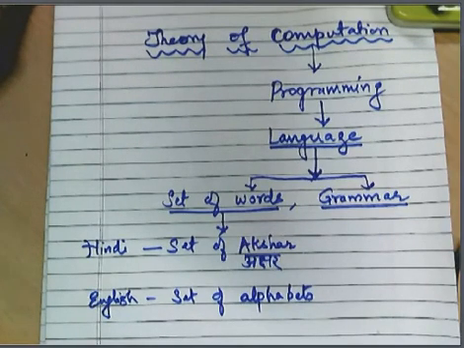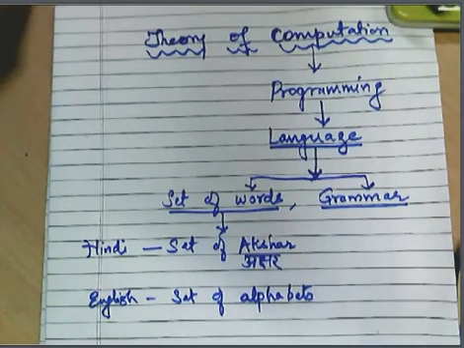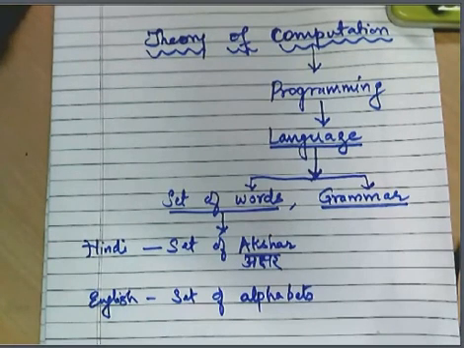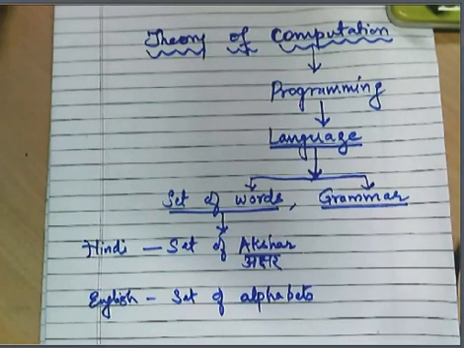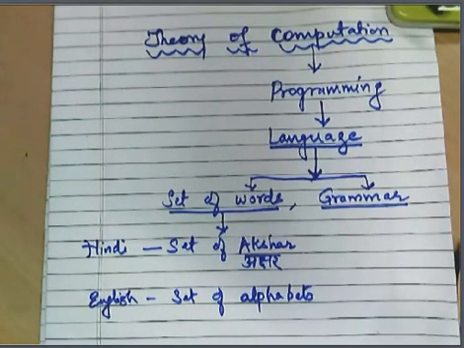When we talk about language generation, we require some machine which will generate a language. If we can define a set of words and if we can define grammar, then we will say that we have generated a new language. Now, recognizing a language. If we give a machine any input, suppose I give one sentence in Hindi, I will have one machine which will recognize whether this sentence is a valid sentence or not.